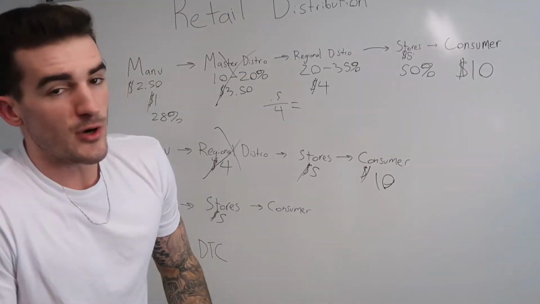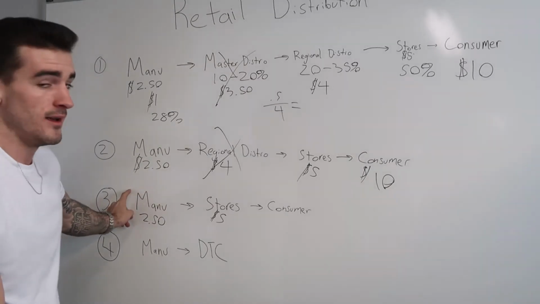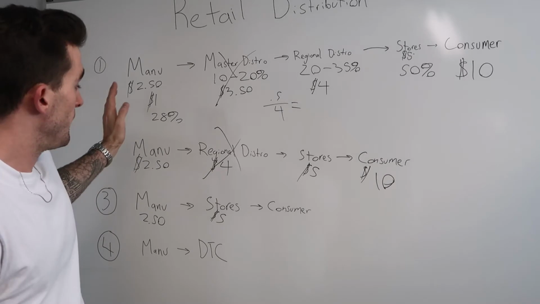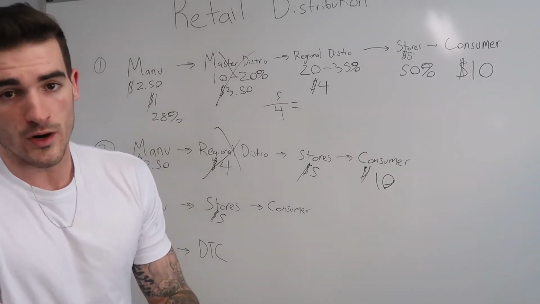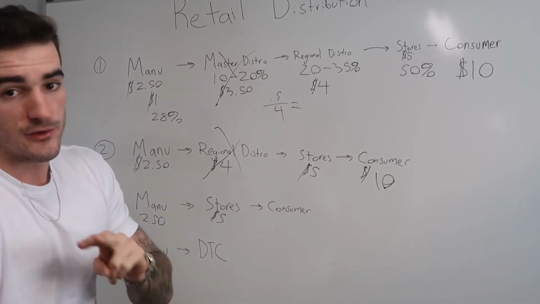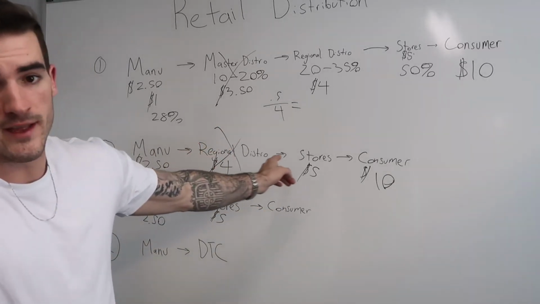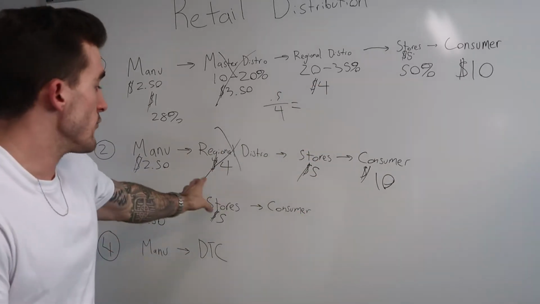Now, there's pros and cons to all these things. The pro of option 3 is you're making an extra $1 or an extra $1.50. So you're making more money. The problem is it's a lot more work. It's much easier to sell $20,000 in product to one distributor rather than selling $500 in products to 40 retail stores.